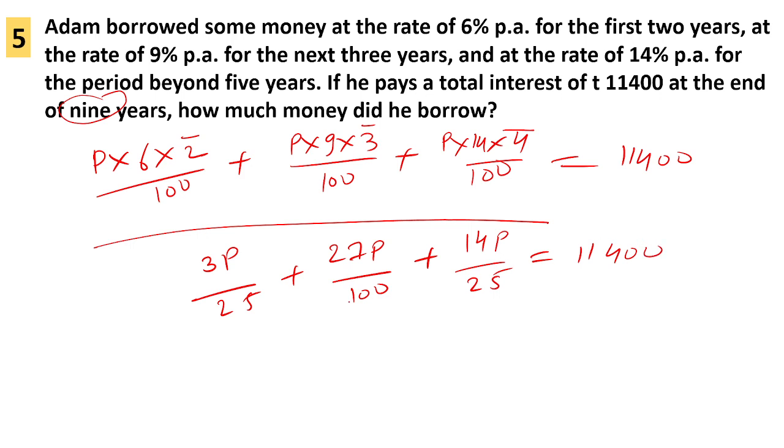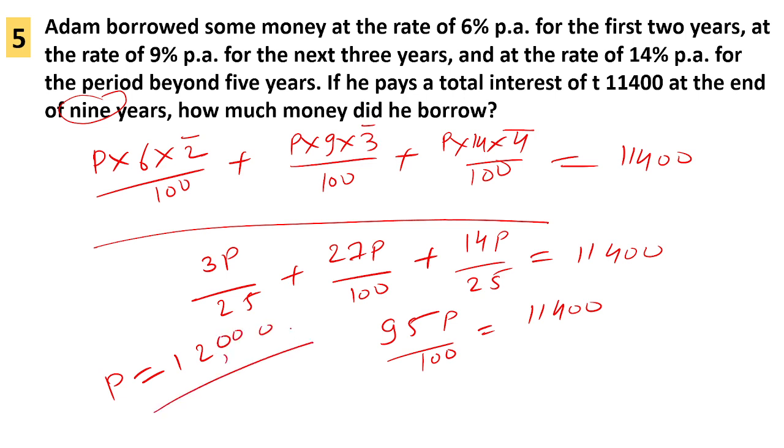Later on we have to solve this again. So we will get 95P by 100 equal to 11400. Just divide that and you will get P as 12,000.